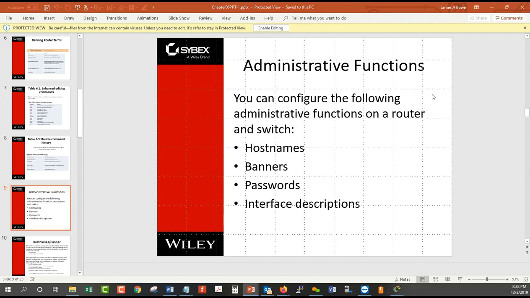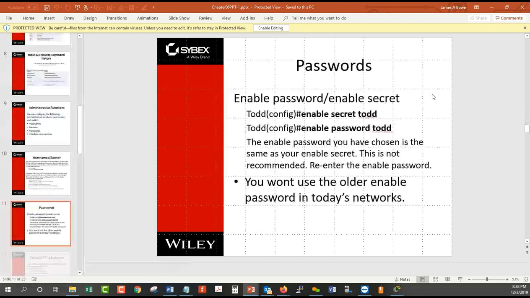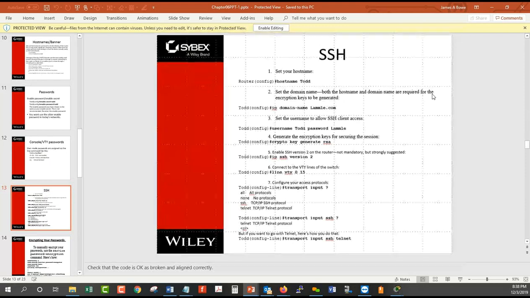The passwords, again, we've been working with passwords since the very start of the class, and those interface descriptions we addressed kind of midstream. Okay. Again, here's a little coverage on the host names and the banners, and don't hesitate to go in and just play with this in Packet Tracer. It's very easy. Passwords, we covered VTY, console, SSH.